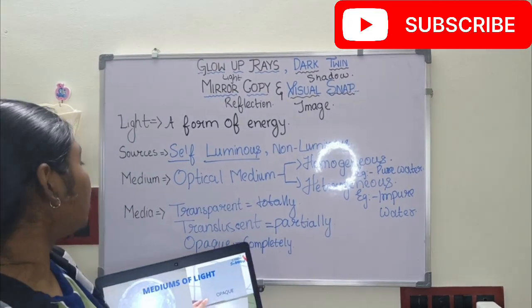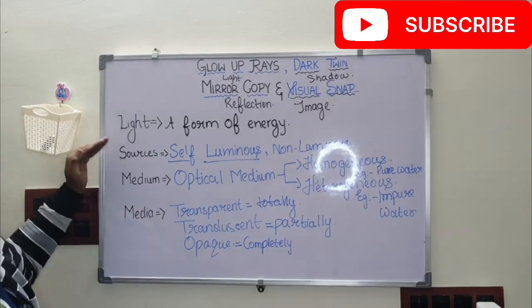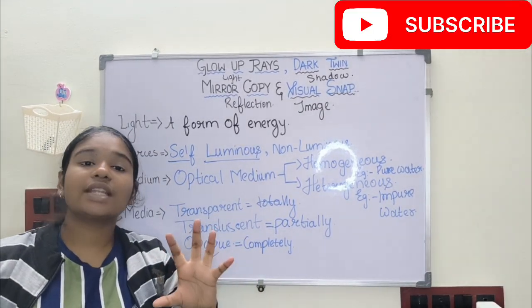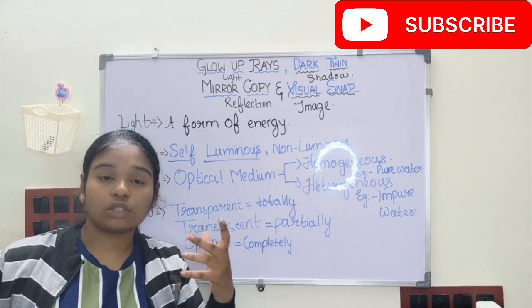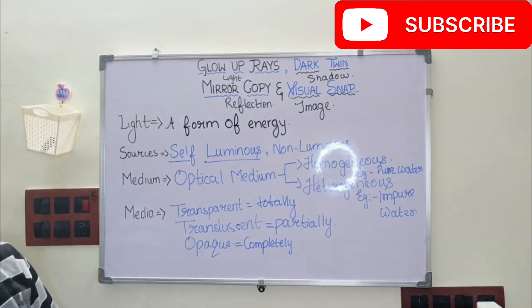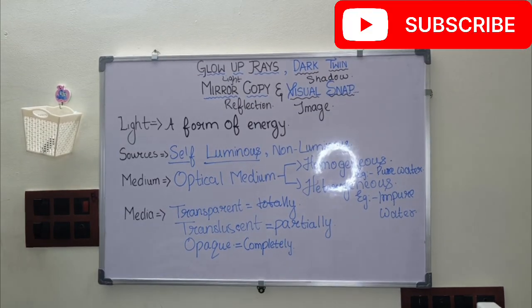Okay? So now what we have learned: what is light? It is a form of invisible energy which creates a sensation in our eyes so that we can see an object. Then sources. What is a source?